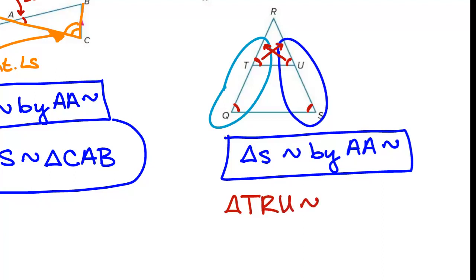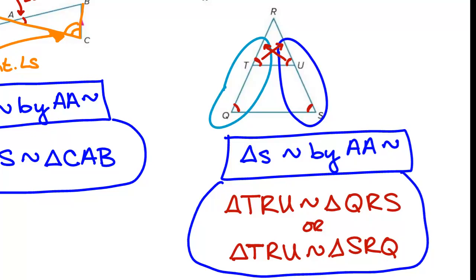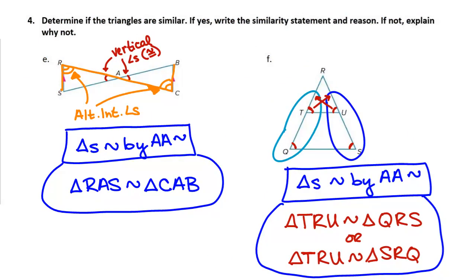So TRU is similar to, I keep saying congruent, but it's similar to QRS. Or what would be the other possible way? Let's keep TRU the same. SRQ. And again, the only reason there's two ways to do this is because those are isosceles triangles. Each triangle has two congruent angles in it.